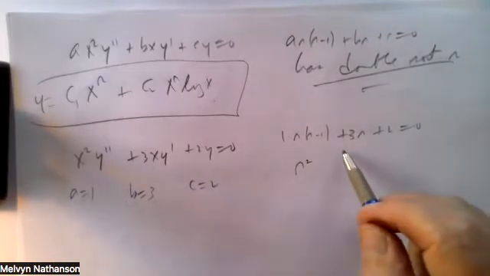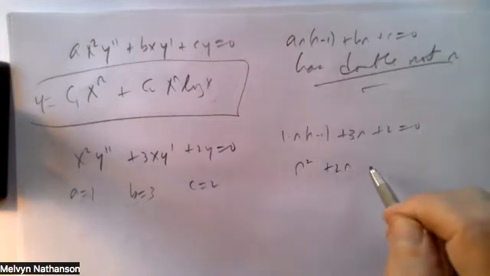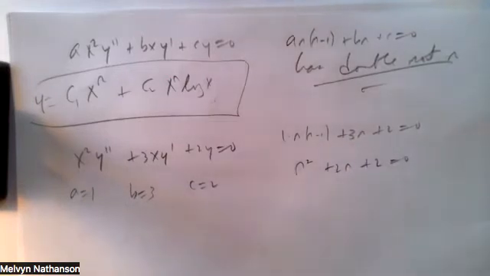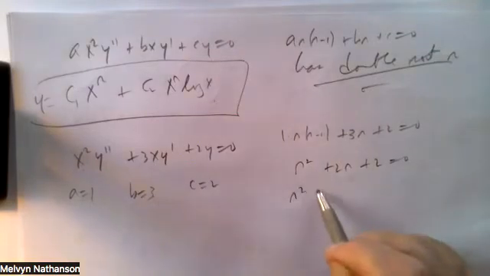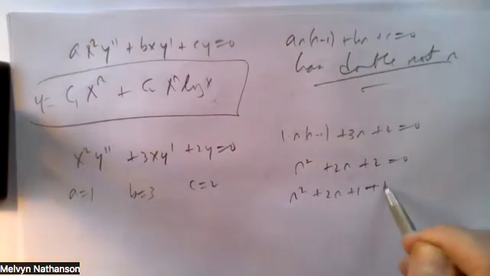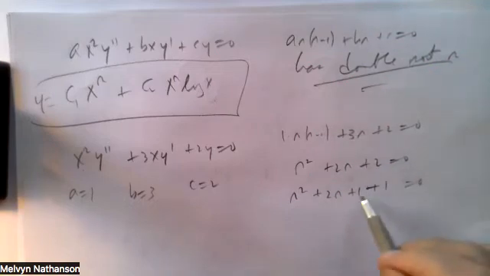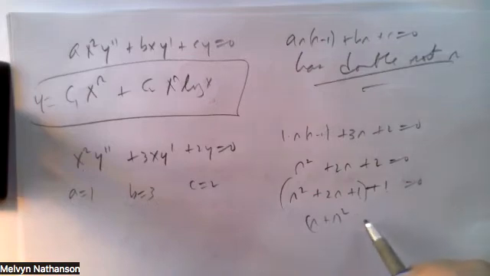This is r squared minus r plus 3r plus 2 equals 0. So you can solve this with the quadratic formula, or if you like, you can write this as r squared plus 2r plus 1 plus 1, using the fact that 1 plus 1 is 2. This is (r plus 1) squared plus 1 equals 0.